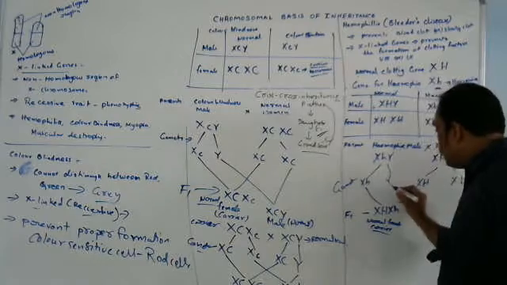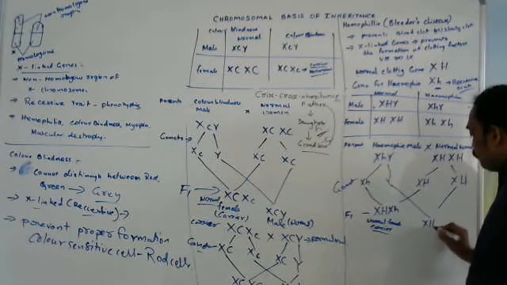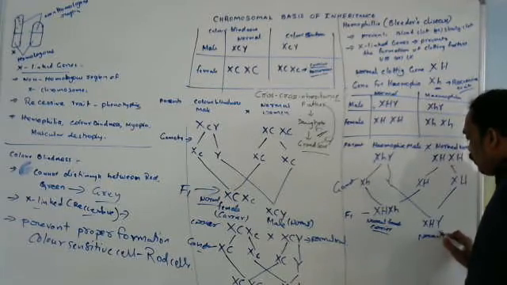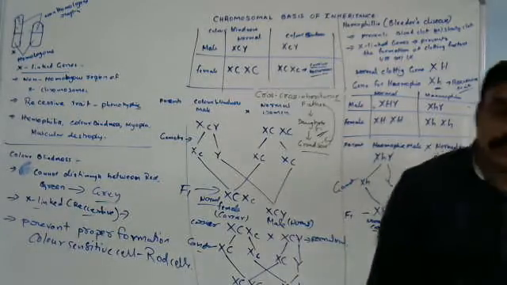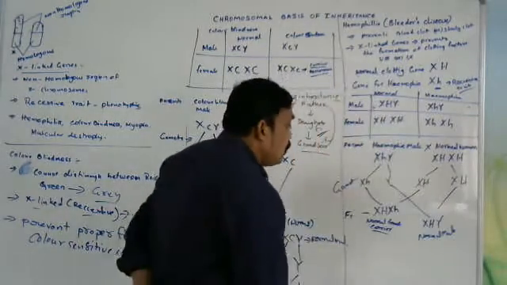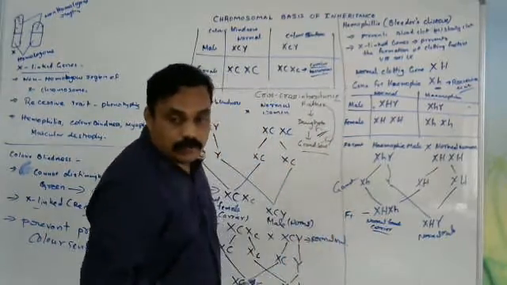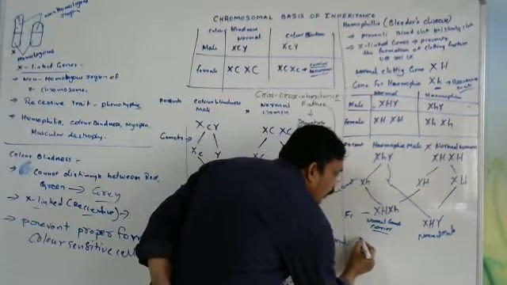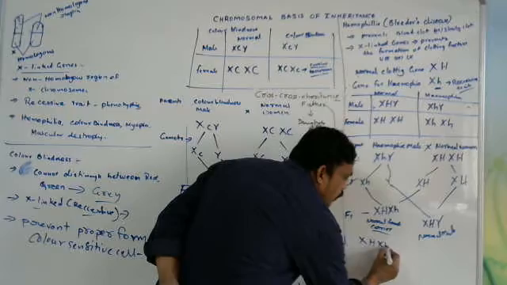So what happened here? X H Y is a normal male. For example, in the F2 generation, the carrier woman is X H and X small h.